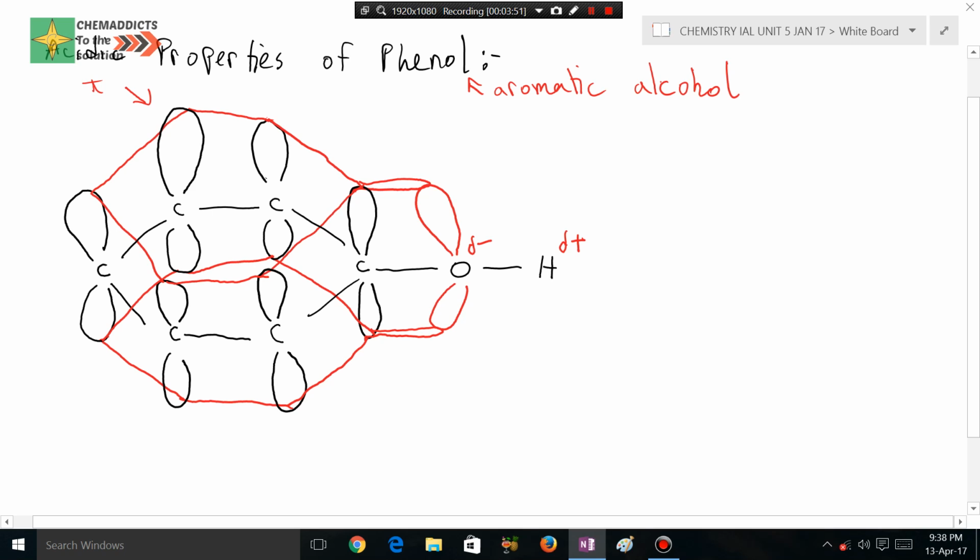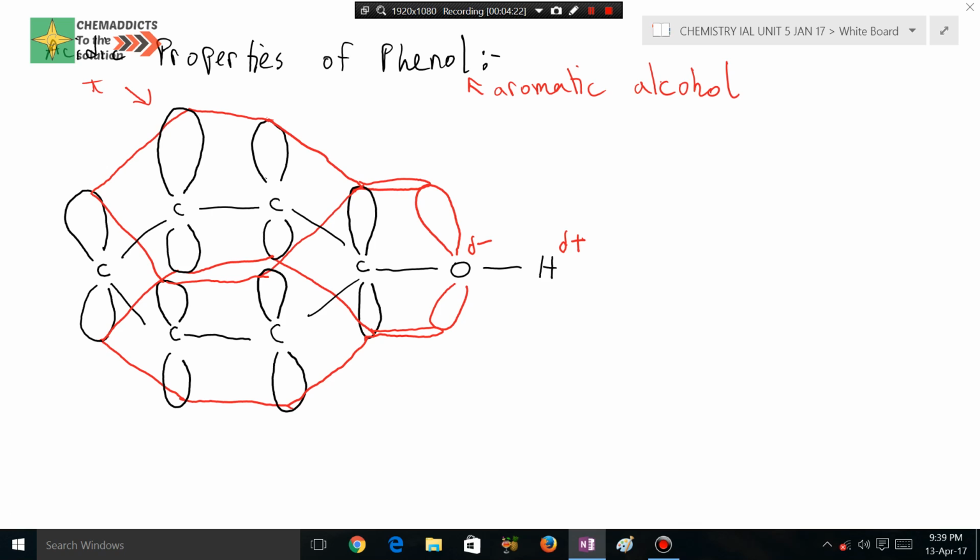Since this oxygen has lone pairs of electrons, the lone pairs of electrons of oxygen get incorporated with the benzene ring. That is one of the reasons.